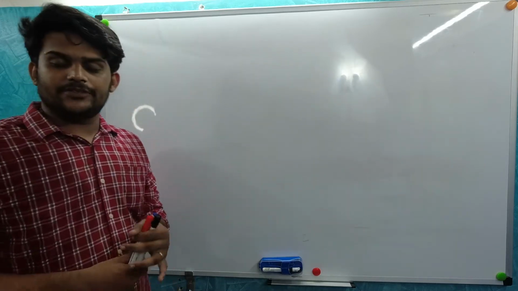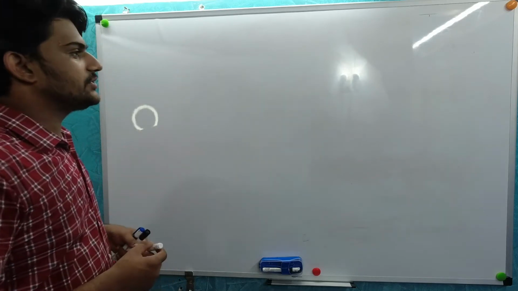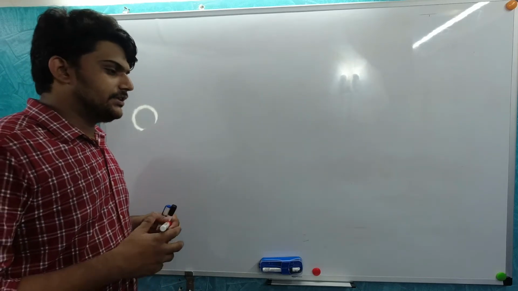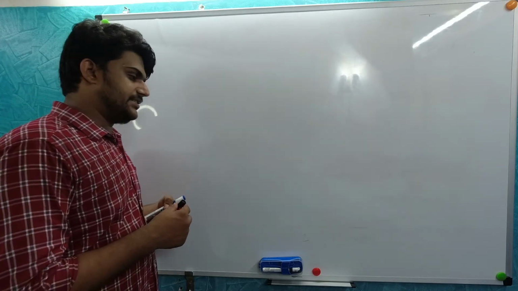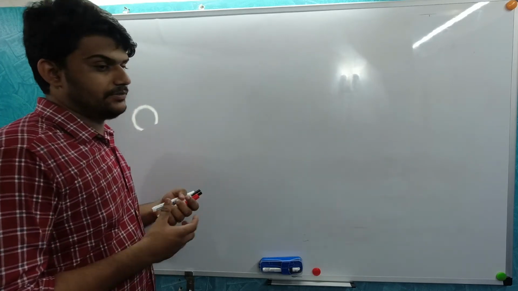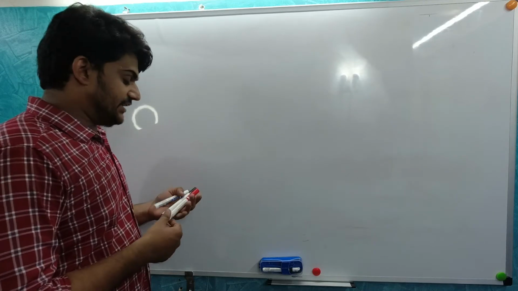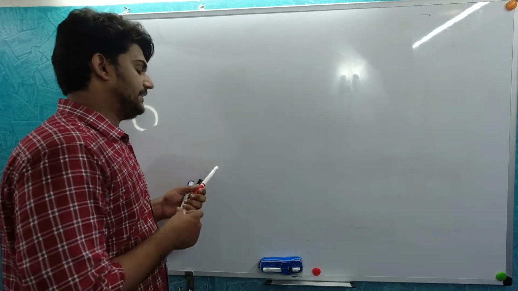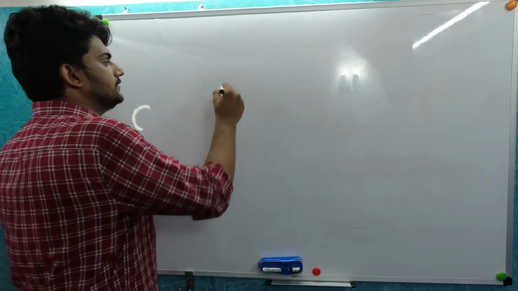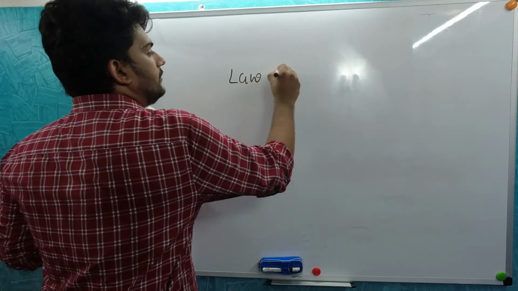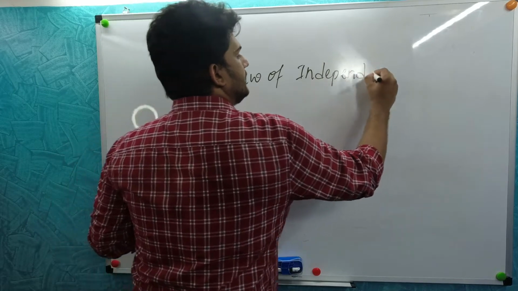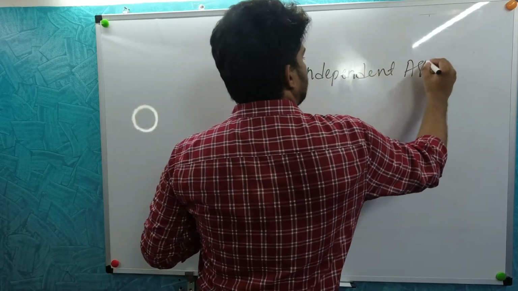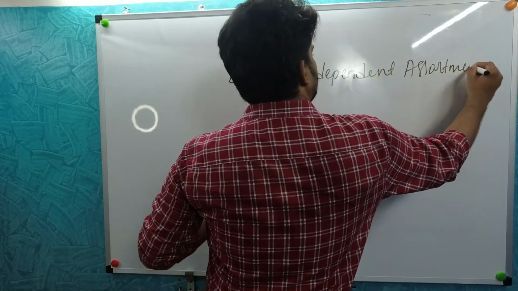Yes, on the basis of the dihybrid cross or the inheritance of 2 genes, he deduced a very important law of genetics, that is the law of independent assortment. The name itself suggests what it is.